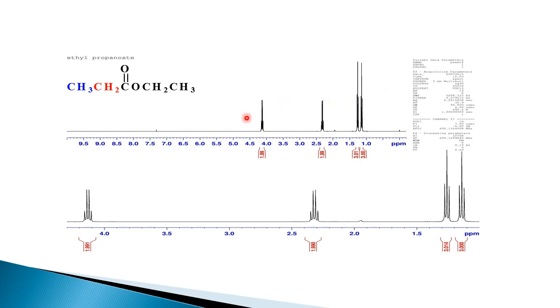Okay, the peak in the downfield region of the spectrum, that is at 4 ppm, integrating for 2 protons can be assigned to the oxymethylene protons because these are the most deshielded protons in the molecule. Similarly, the peak at 2.4 ppm integrating for 2 protons can be assigned to the methylenic protons attached to the carbon having connectivity with the carbonyl carbon.